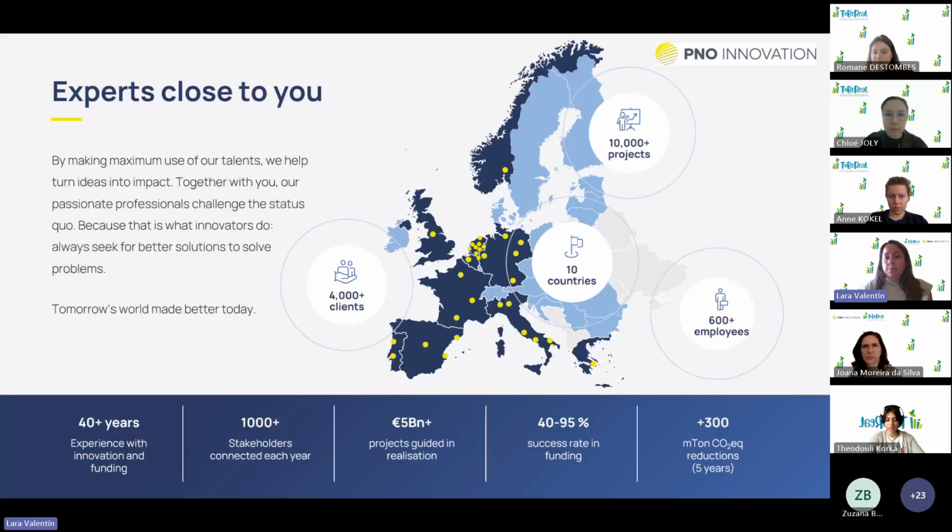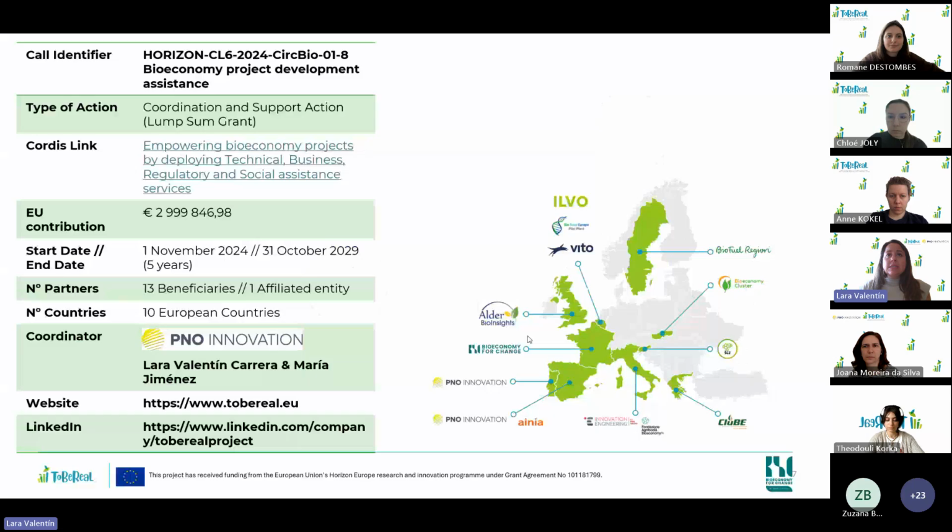First, well, Pieno Innovation is the coordinator of the project, and both we participate as Pieno Innovation Spain, Pieno Innovation Portugal, and Pieno Digital in Italy. The project started in November 2024. It's a CCA. It was under this topic, the CBE 08, Bioeconomy Project Development Assistance.